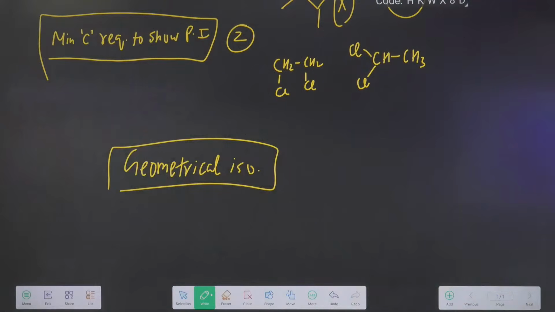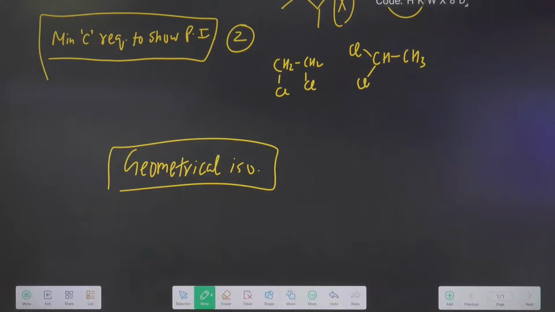Geometrical isomerism is a part of stereoisomerism. Start, brother. Good. Write down the definition.